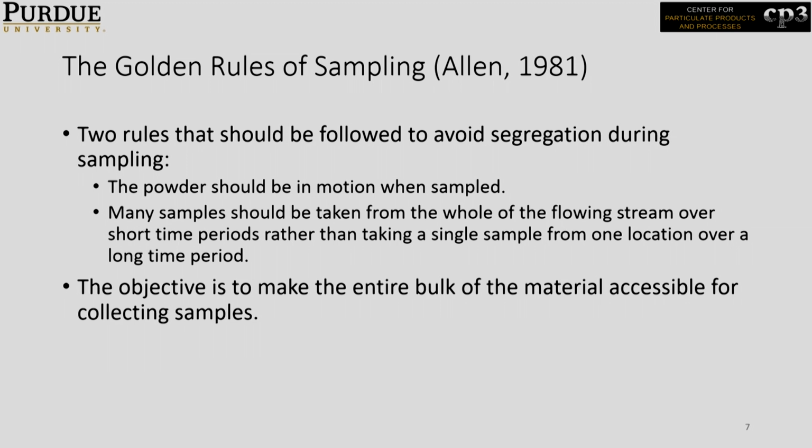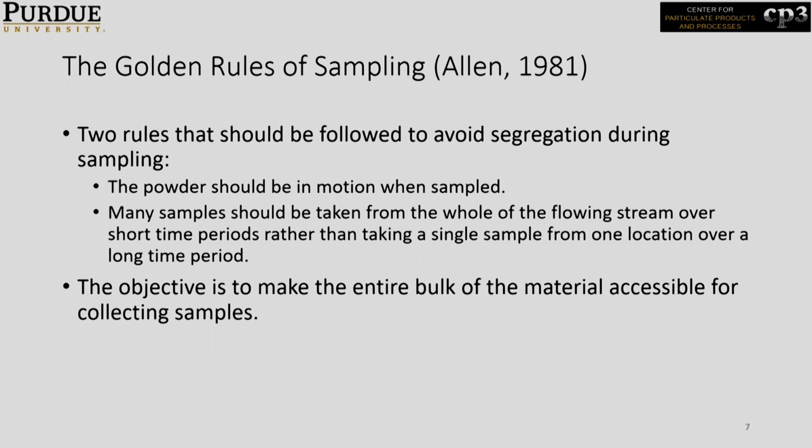Again, I will go back to the flour milling, wheat milling example. If you are collecting, for example, wheat before it's milled, what we generally do is, when wheat kernels are unloaded from the truck, you subsample when it's flowing from the truck. You take subsamples and then analyze them.